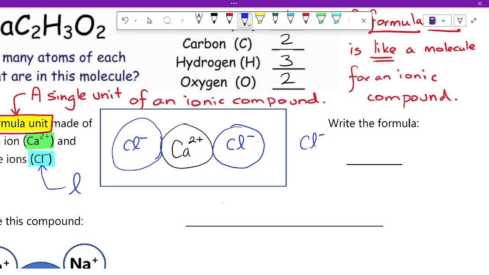Cl minus, 2 at the bottom, Ca2 plus. That is an excellent guess. You're like halfway there. Who has to come first? The metal has to come first. So instead, we're going to put the calcium first.